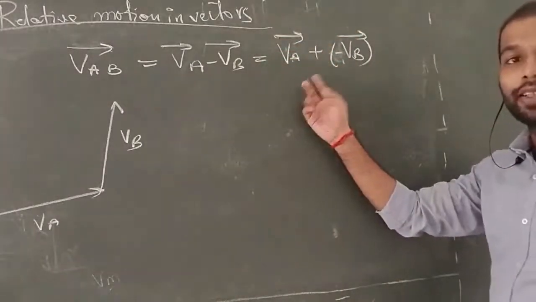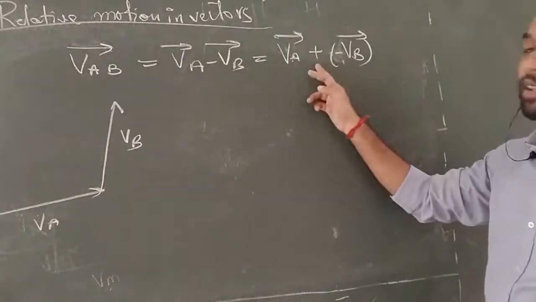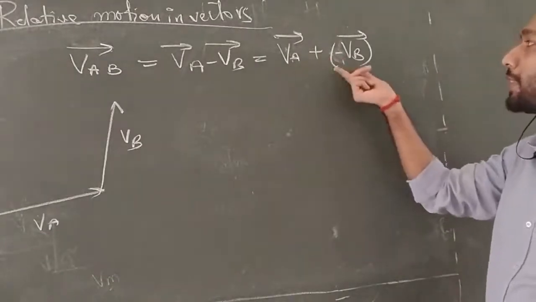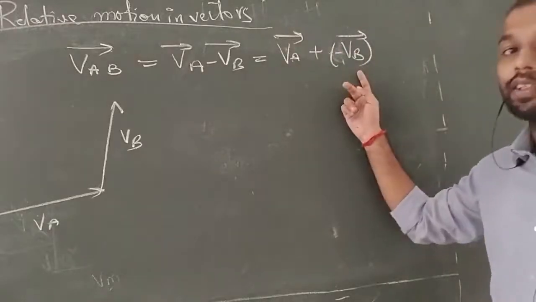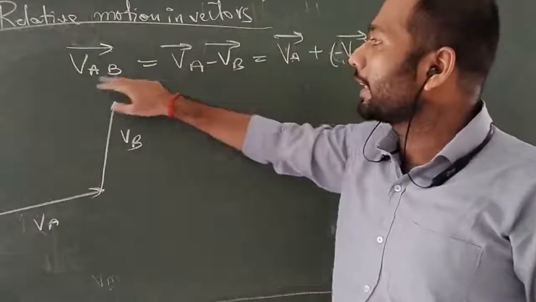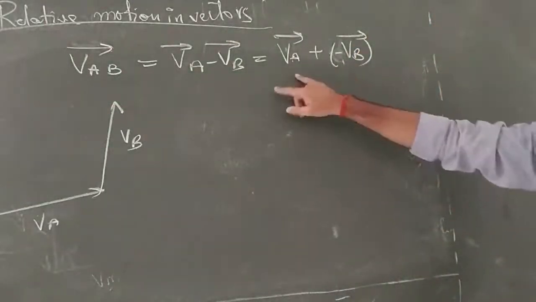I told you how to write VA minus VB in the form of a resultant with the help of the plus sign. So this is vector 1, this is vector 2, and if we add them up, we get the resultant, which acts like VAB. So VAB is the resultant of these two vectors.